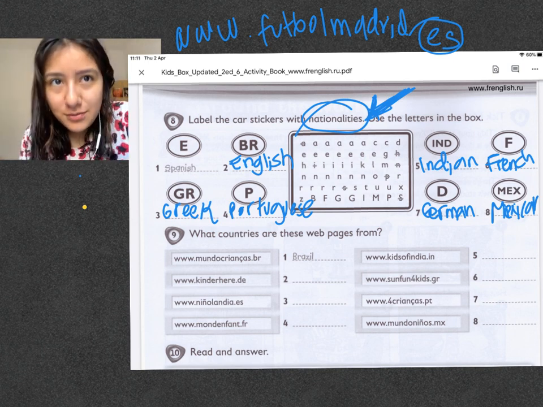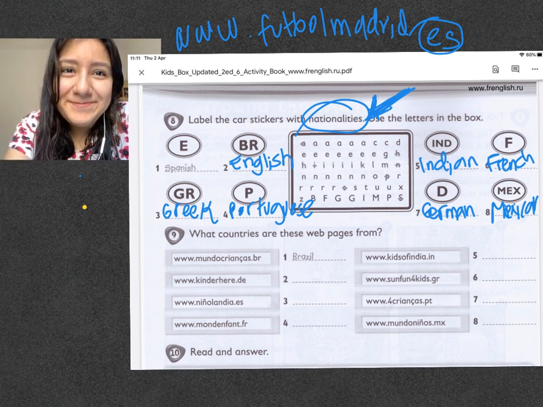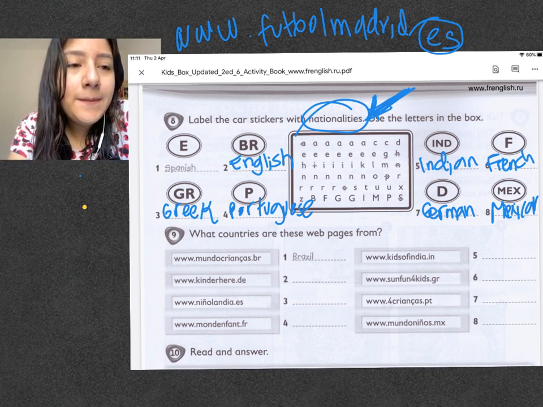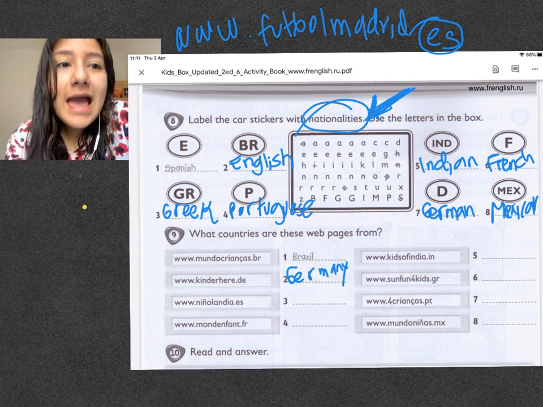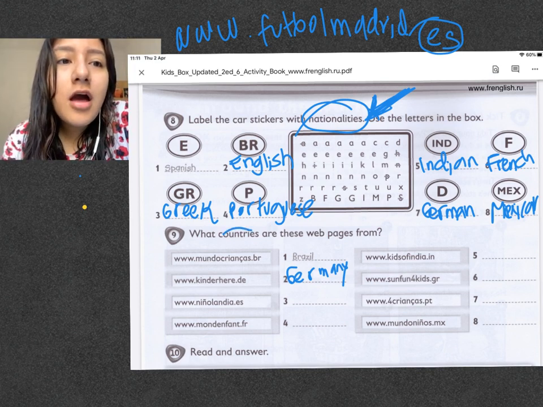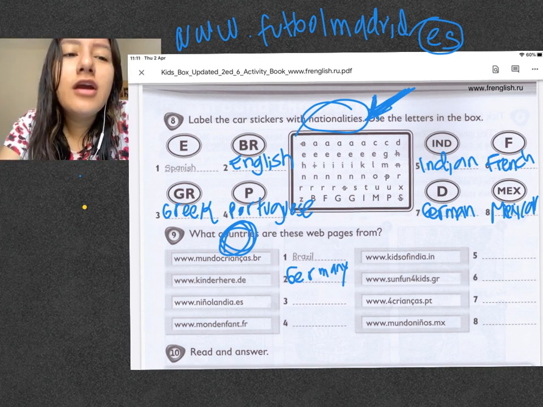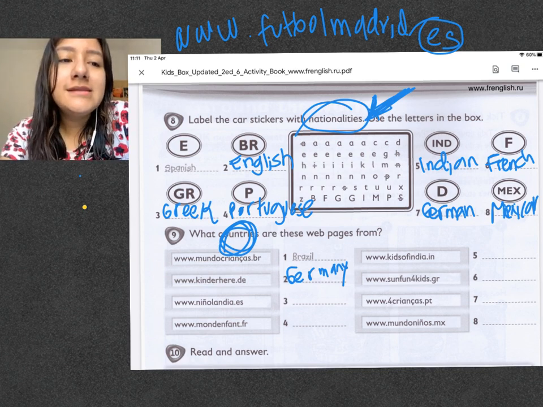Deutschland is Germany in, well, German, in their language. So we are going to put Germany, because now it asks us the countries, okay? No nationalities like above, but the countries. So Germany, and the other one, as I told you, ES stands for Spain.